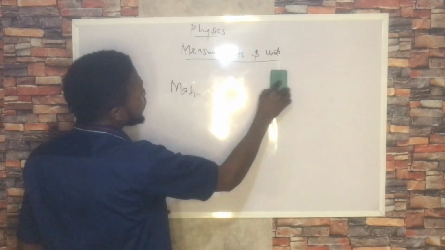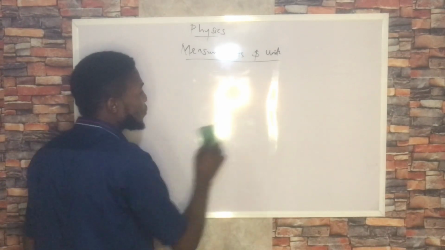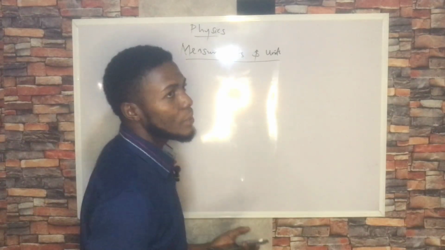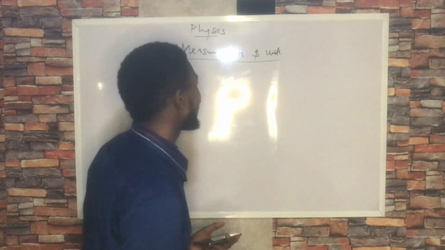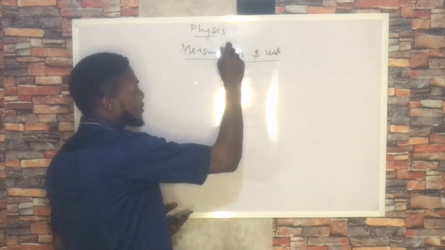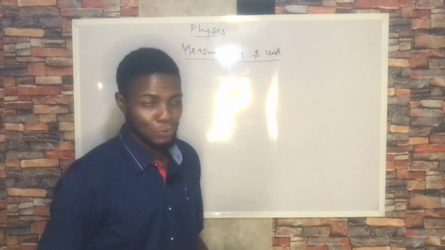So that's a brief idea of what matter itself is. Before we go into measurements, we'll talk about measurements and units in physics. Today most students have problems solving problems on dimensions, and if you don't understand this particular topic, you're likely not to know what to do.